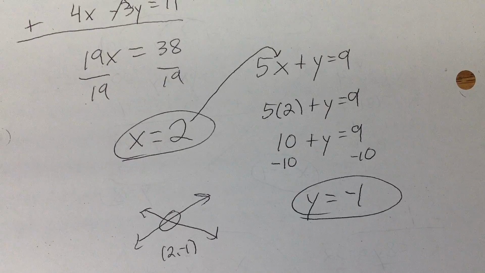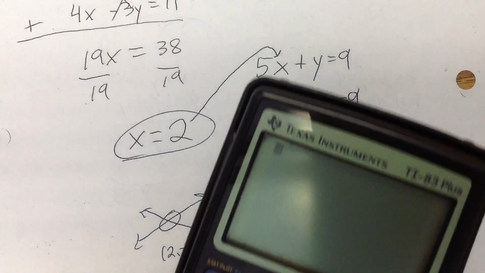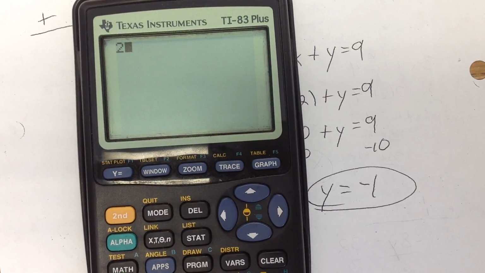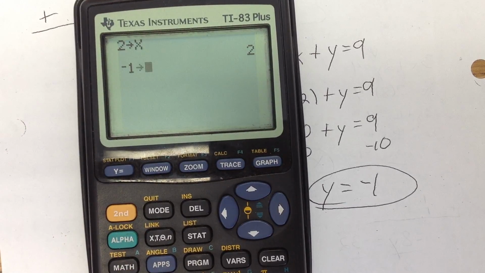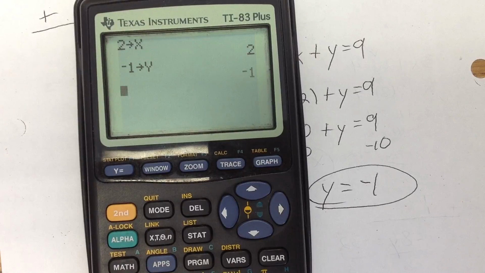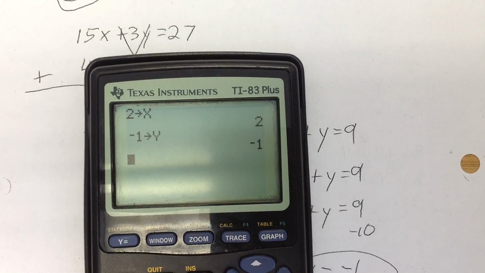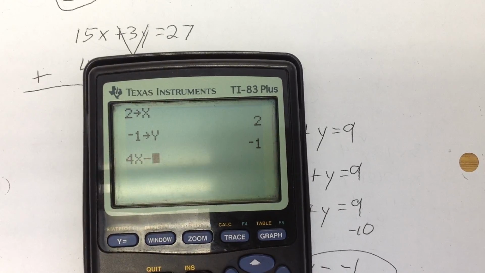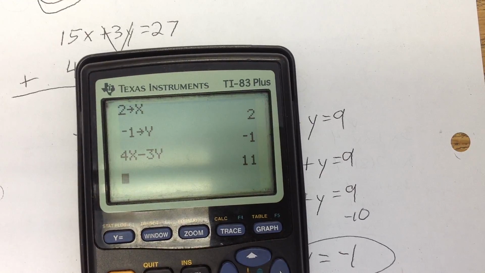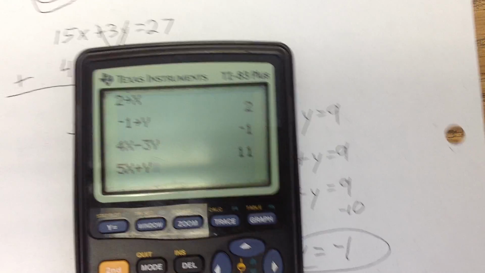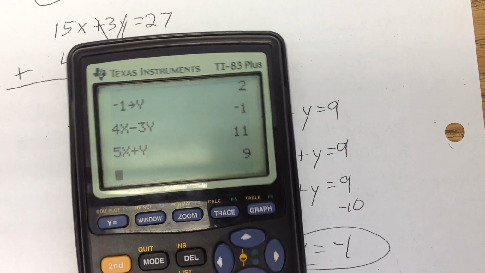If we wanted to check that, you can either use store, where you're going 2 store x and negative 1 store y, and then type them in. So 4x minus 3y, hopefully that's going to give me 11, and it does. 5x plus y, hopefully that's going to give me 9, and it does.